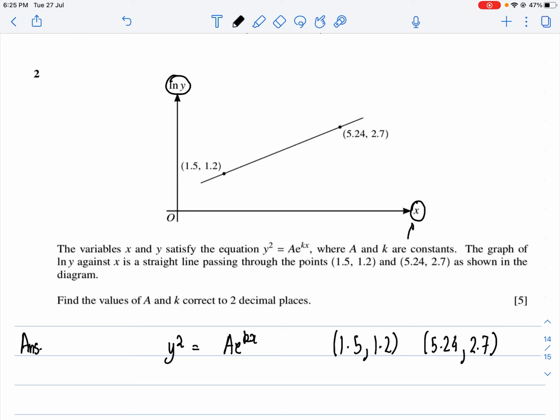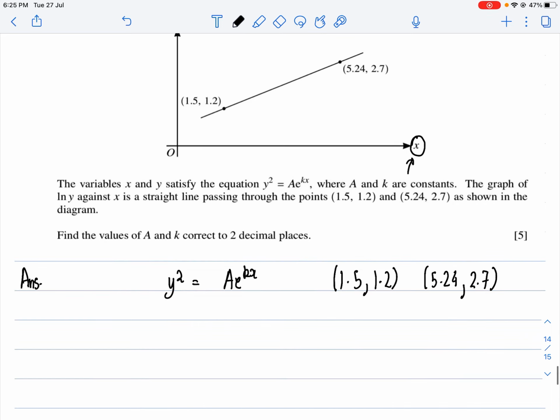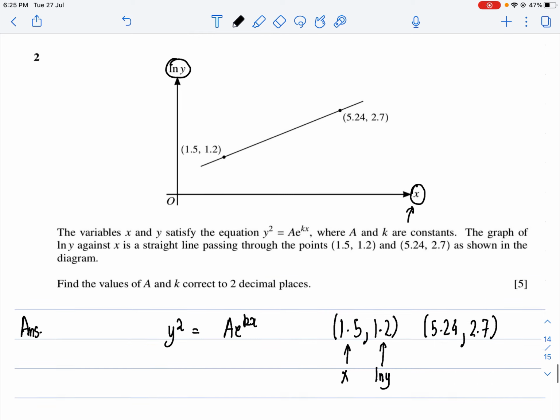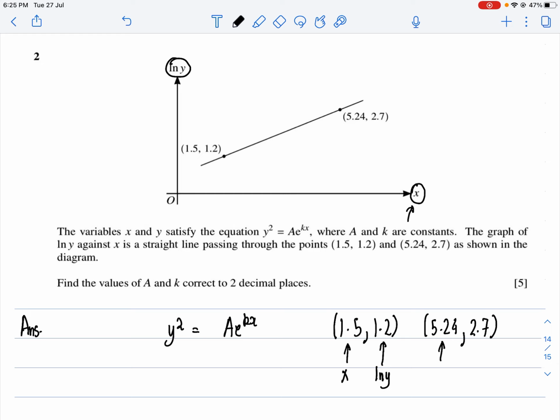Okay, here I don't have ln x like we had in the previous question. That means my coordinate here is basically x and this is ln y. Okay, basically you just need to copy the axes. I have x here and ln y. Correct? This is what I basically have.